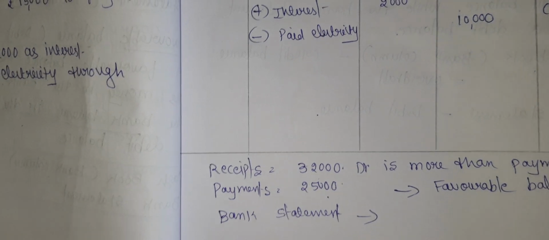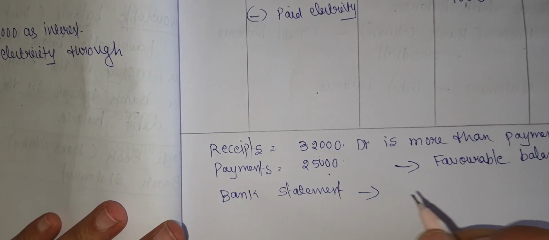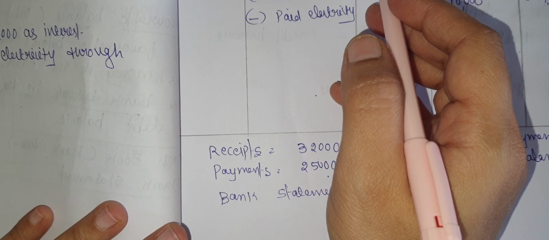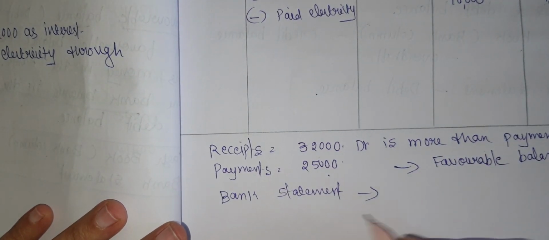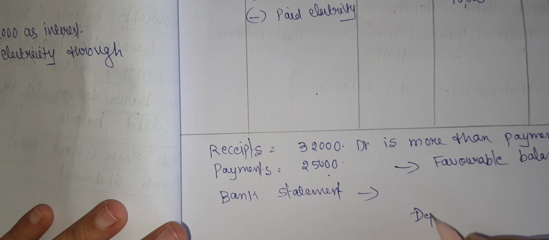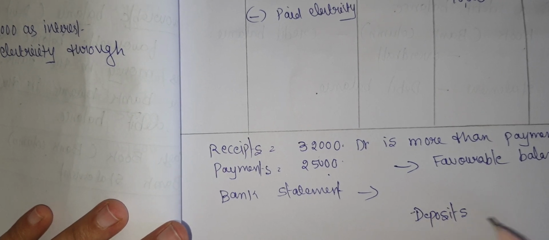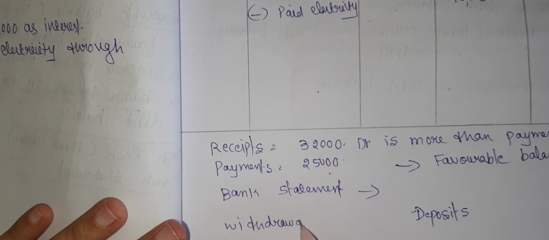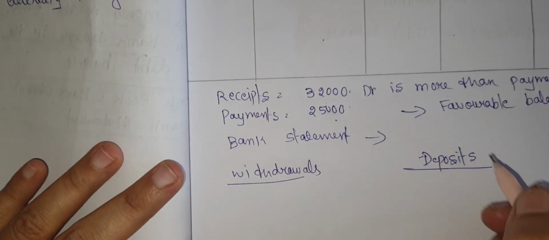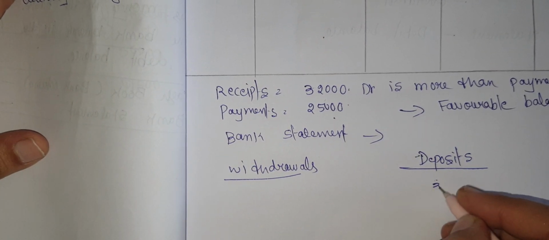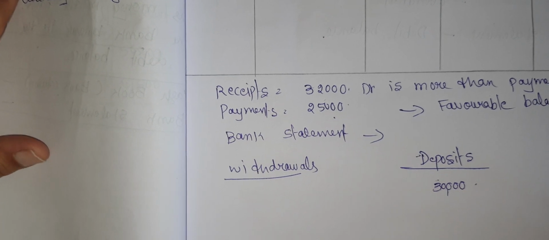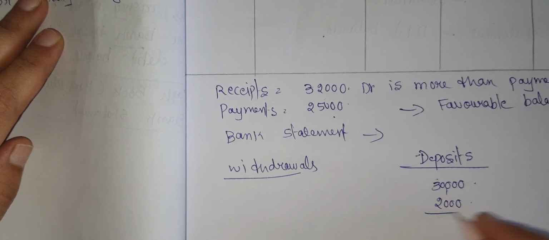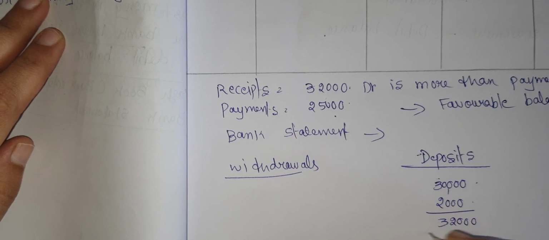Now we have to check the bank statement. Bank statement also, see, customer deposited into the bank, that is rupees, deposits, it will come here, deposits, and here withdrawals. Deposits, that is rupees 30,000, and credited rupees 2,000 as interest, that is rupees 32,000.